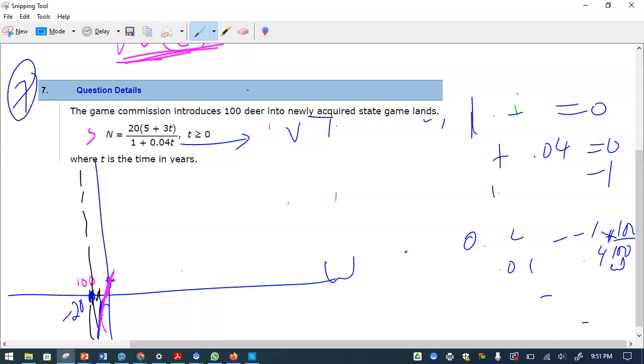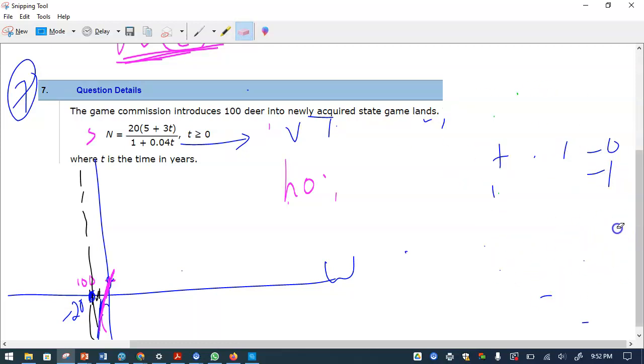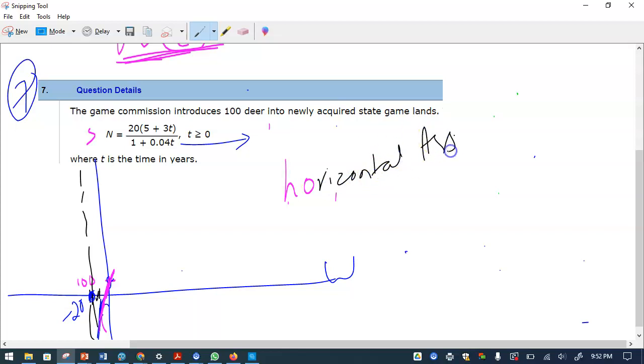For that, we have to know the horizontal asymptote. So to find the horizontal asymptote, all we need to know is the degree.